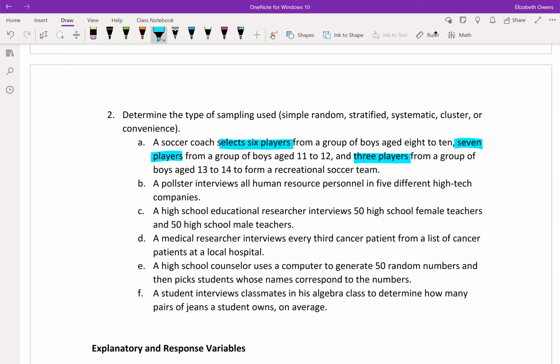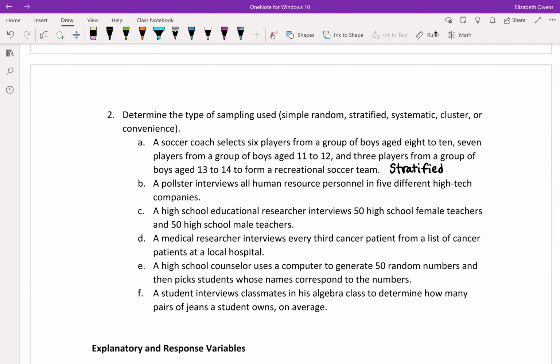So he's not taking the whole group of boys aged 8 to 10, he's picking 6 players from that group. So that leads us to the conclusion that this is a stratified sampling technique. Stratified. Because he's created groups, that tells us it's either stratified or cluster.